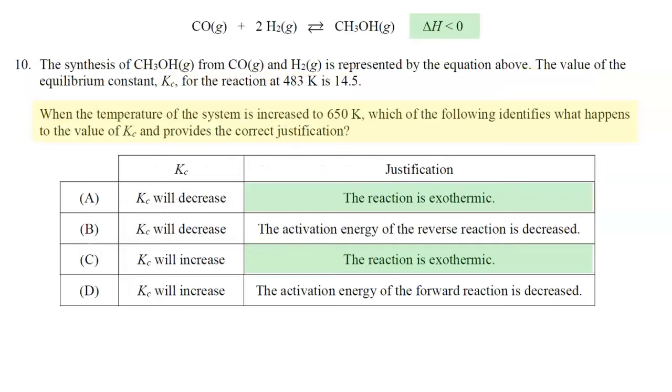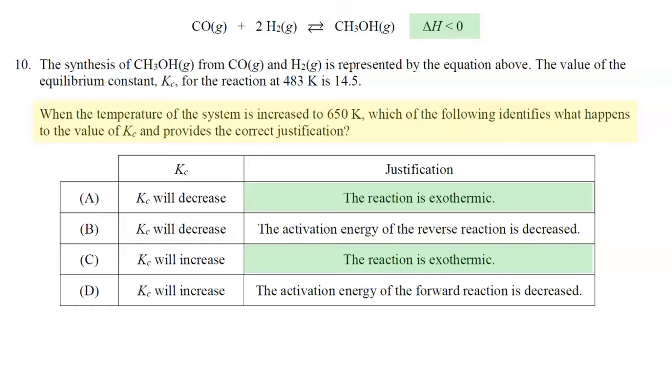But here, in question 10, there's no mention of the use of a catalyst, so we have no reason to believe that the activation energy of either the reverse or the forward reaction would be affected by simply increasing the temperature from 483 Kelvin to 650 Kelvin.